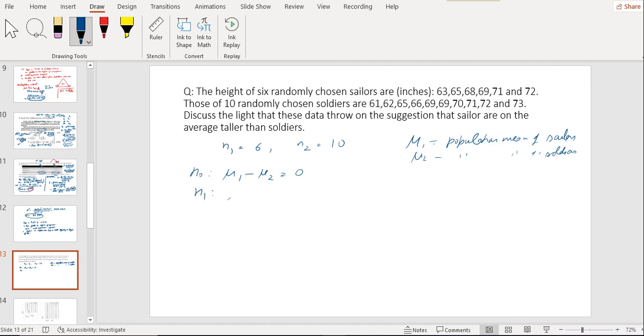That the height of the sailors is more than the average height of the soldiers, meaning mu1 is greater than mu2. The level of significance alpha is 5%, and the degree of freedom will be n1 plus n2 minus 2, so it is 6 plus 10 minus 2, that is 14. So we need to check the value of t at 5% level of significance and 14 degrees of freedom. Now again in this case it is a right tail alternative.